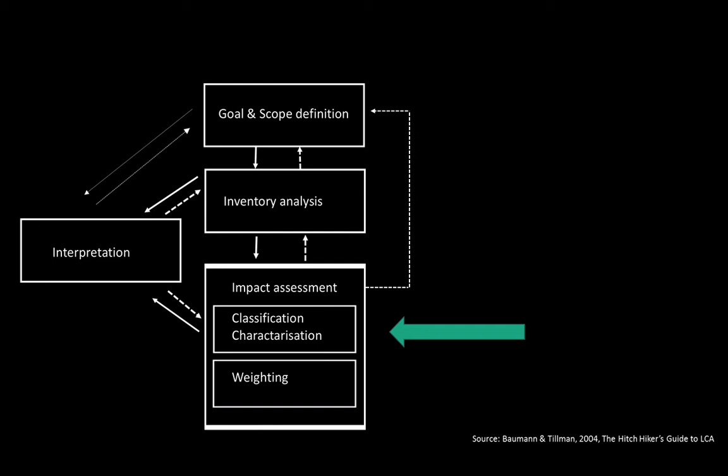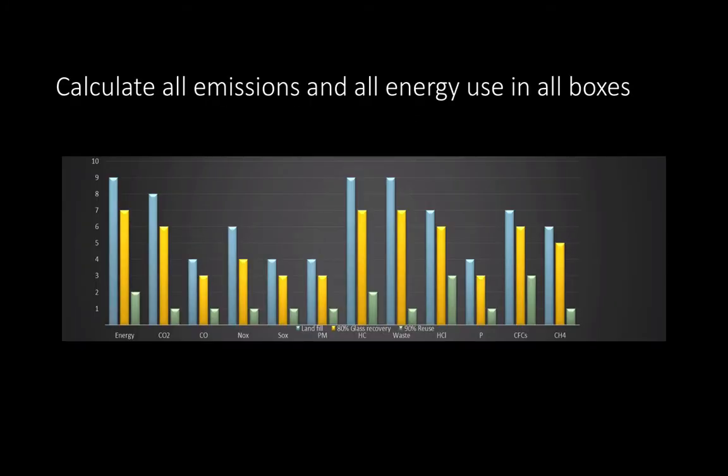The next step, when you have done all these calculations, you will do an impact assessment. The first part of that is to classify and characterize. This is just a fictive result of the analysis of the three different scenarios: landfill, 80% glass recovery, or 90% reuse.